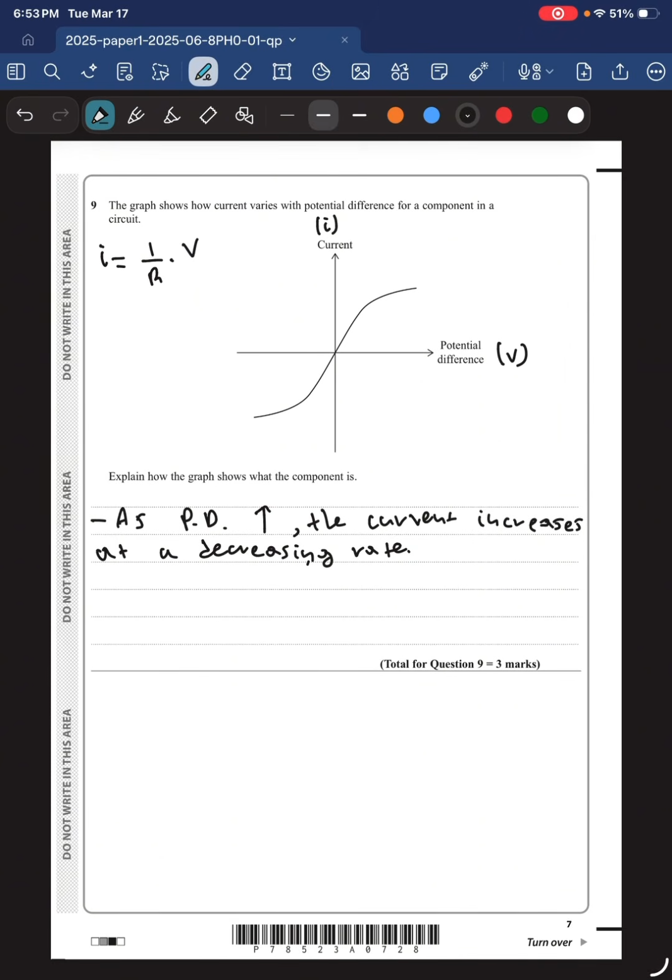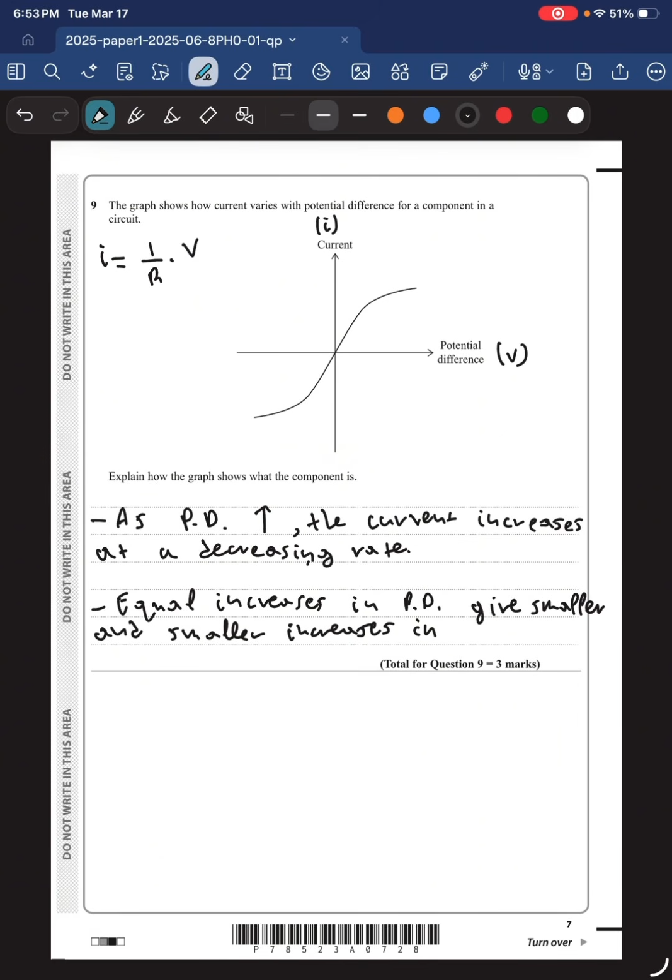The second thing we can observe is that equal increases in potential difference give smaller and smaller increases in I, which is basically the same thing we wrote in the first sentence, but I wrote it again.